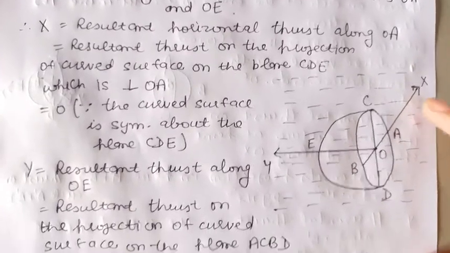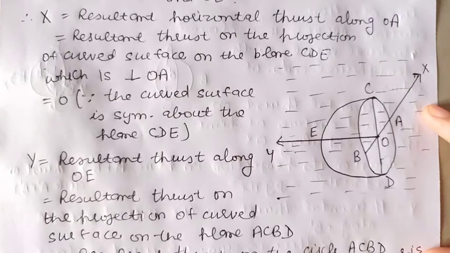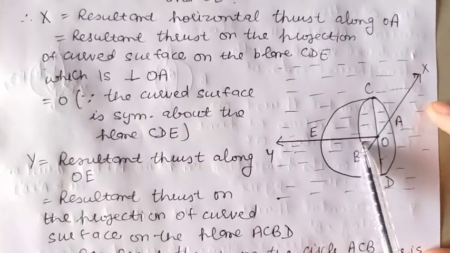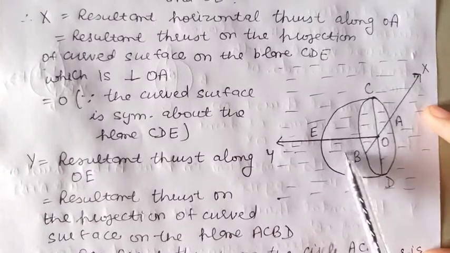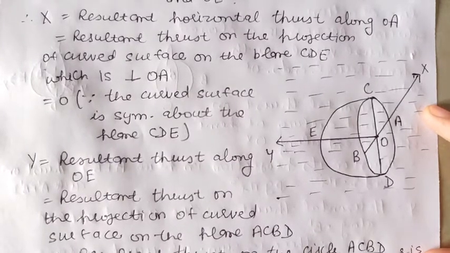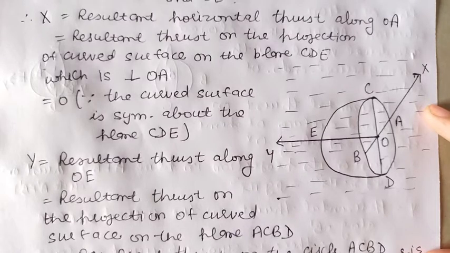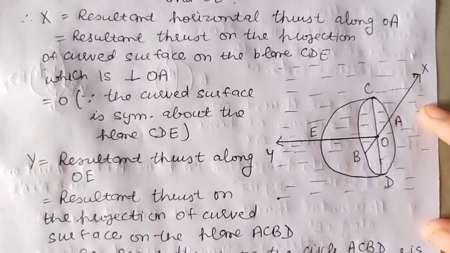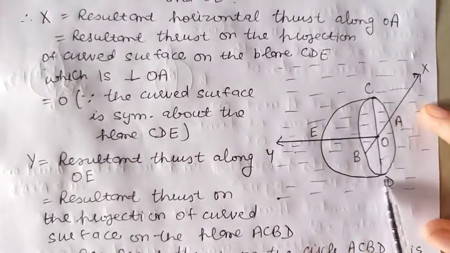Now let us find y, which is the resultant thrust along the direction OE. By definition, this is the resultant thrust on the projection of the curved surface on the plane ACBT. So we can say that it is the resultant thrust on the circle ACBT.